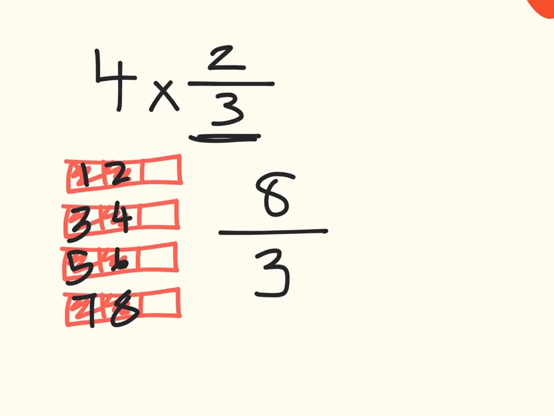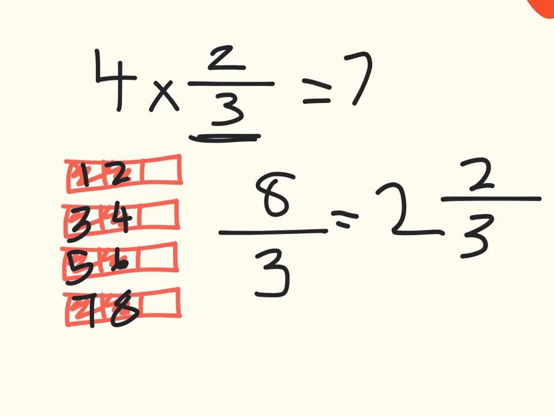I know that 3 goes into 8, well 3, 6 twice. This equals 2. 6, 7, 8, there's 2 remainders, and it's still out of thirds. So I know that 4 times 2/3 equals 2 wholes and 2 thirds.